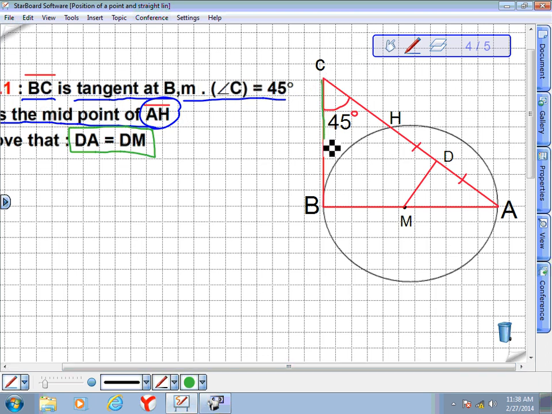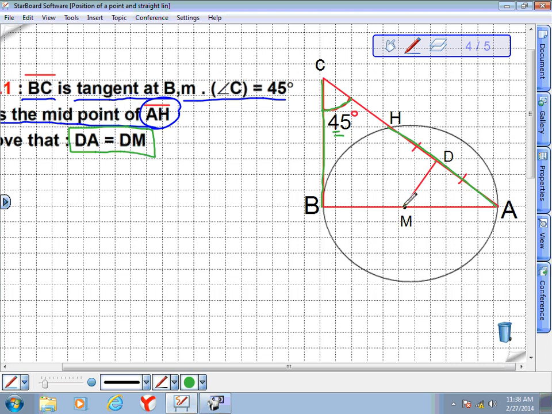BC is a tangent at B. Measure angle C equals 45 degrees. D is the midpoint of AH.